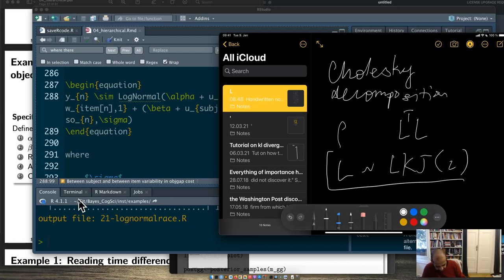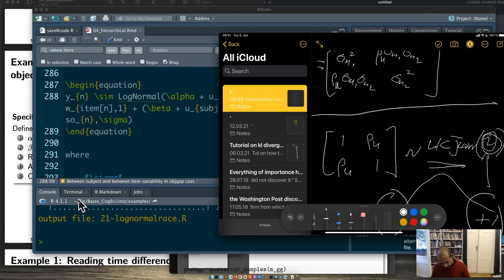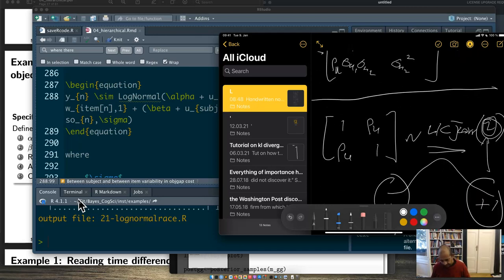So later in the course you will see this kind of stuff, but for now it's good enough that we just think about the correlation matrix and assume that we're defining a prior on the correlation matrix. So the details you can unpack later.